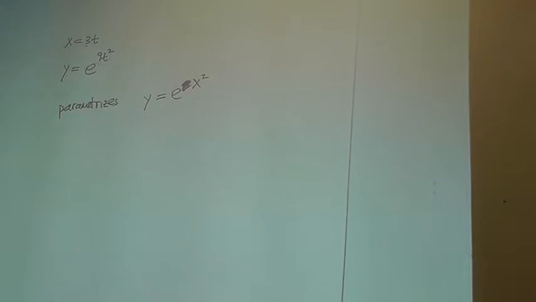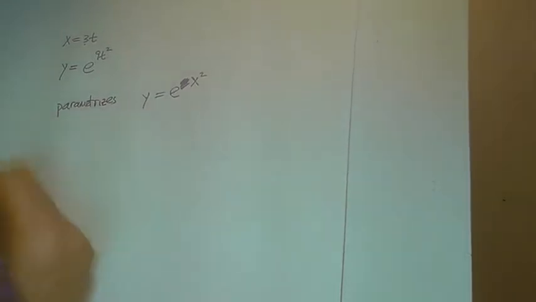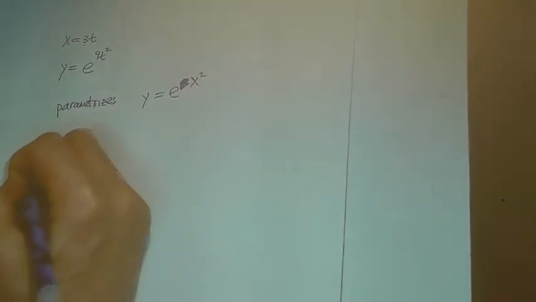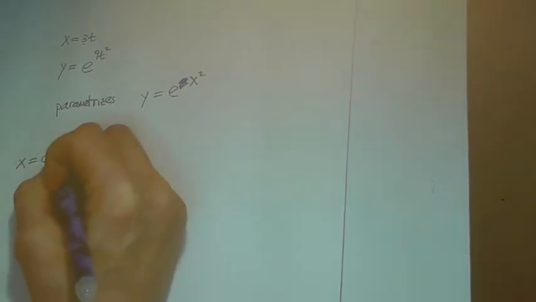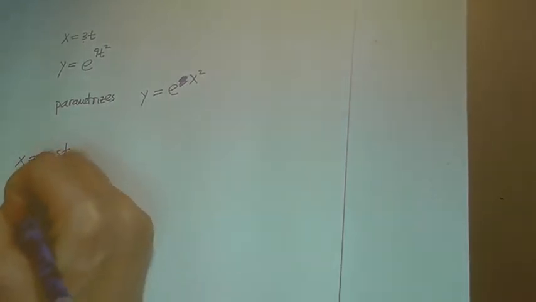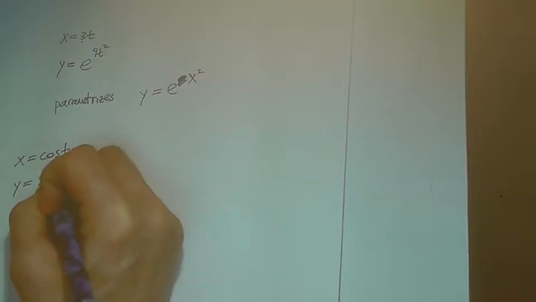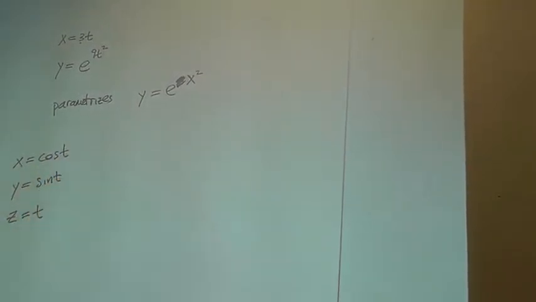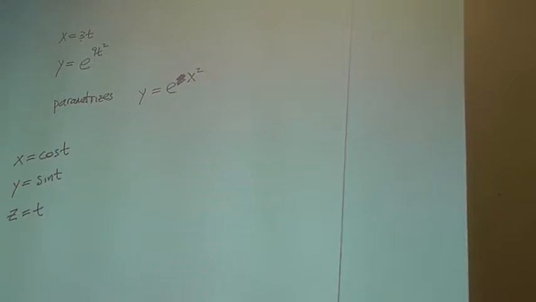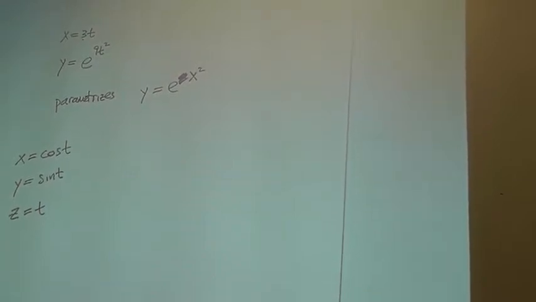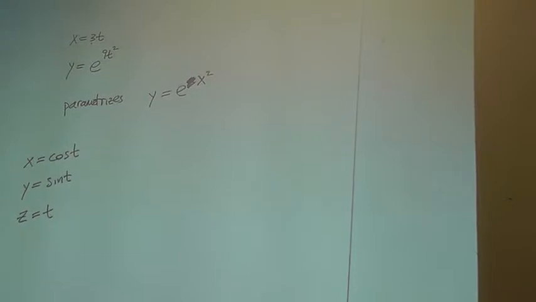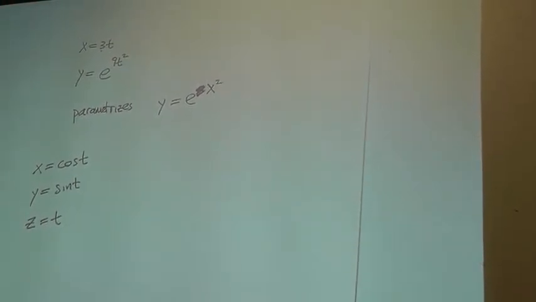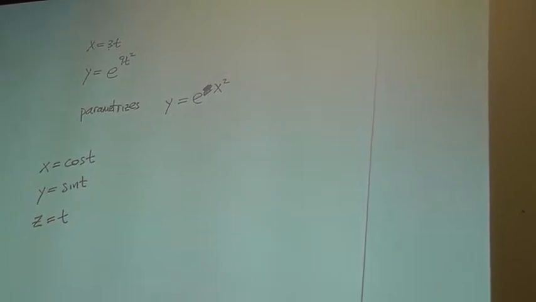Okay. I should also mention that you can have parameterizations in 3 dimensions, and in fact, that will happen an awful lot. Most of the time, you can't get a reasonably good graph. Every once in a while, you get ones that you can.